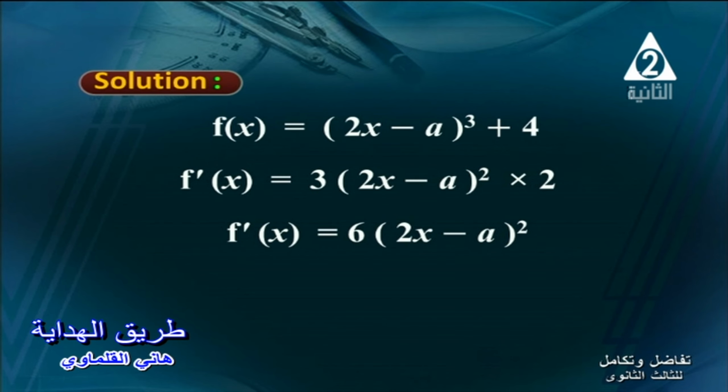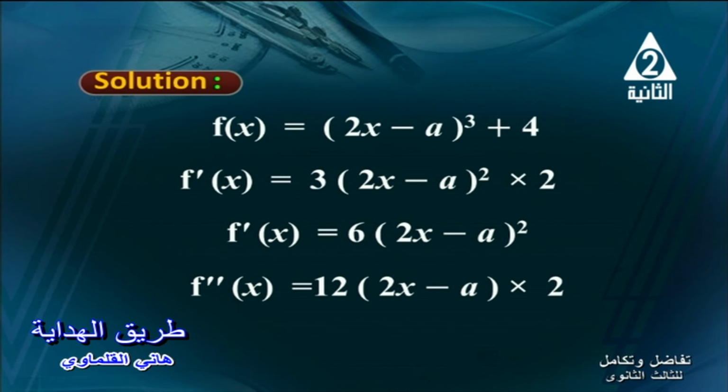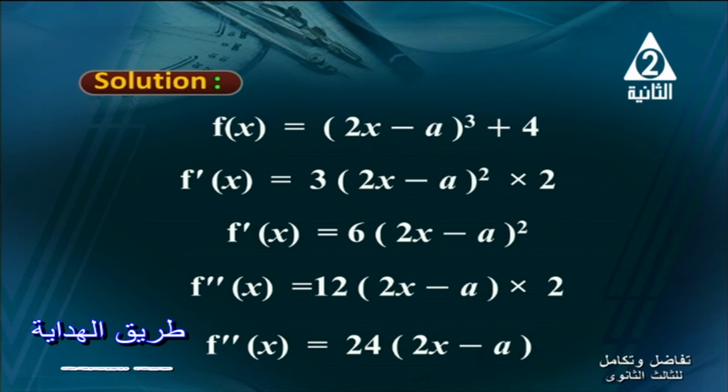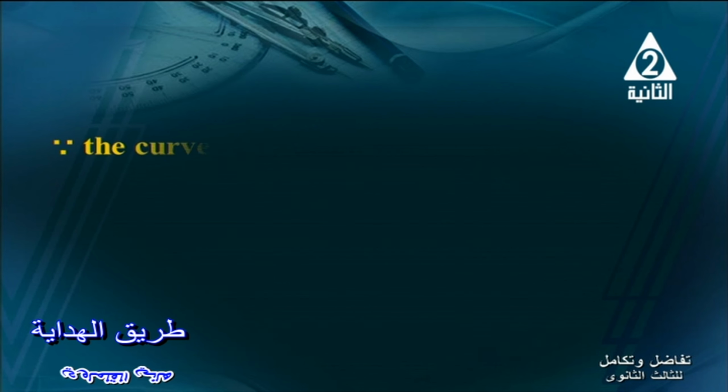What about the second derivative? The second derivative, f double dash x, equals 2 multiplied by 6, which is 12, multiplied by (2x minus a), multiplied by 2. Or f double dash x equals 24 multiplied by (2x minus a). Now, the curve has an inflection point at x equals 5.